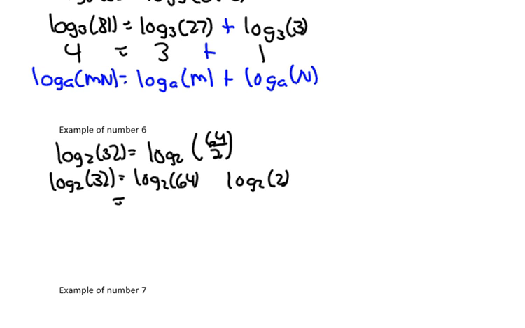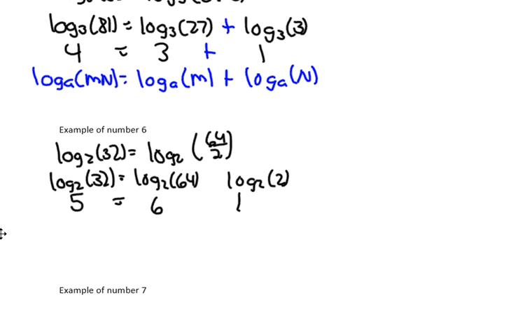Okay, so we know 2 to the 5th is equal to 32, so log base 2 of 32 is equal to 5. 2 to the 6th power is 64, so log base 2 of 64 is 6, and we already know log base 2 of 2 is equal to 1. So now, similarly to what I just asked a minute ago, what basic operation can I put in between the 6 and the 1 to equal 5?